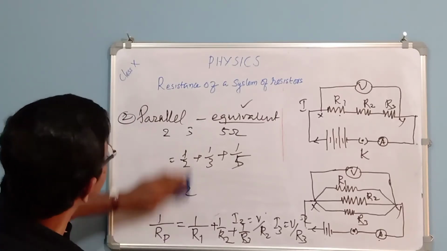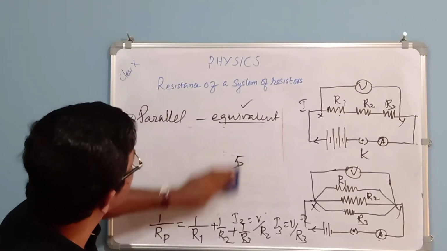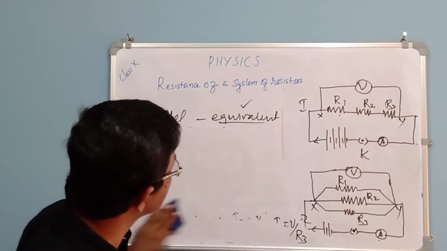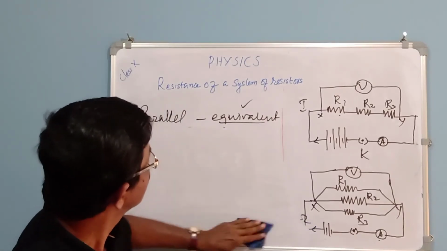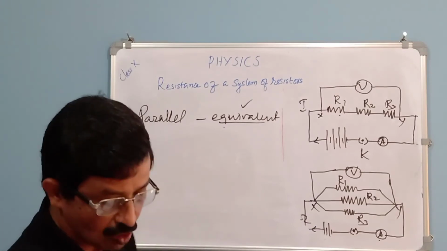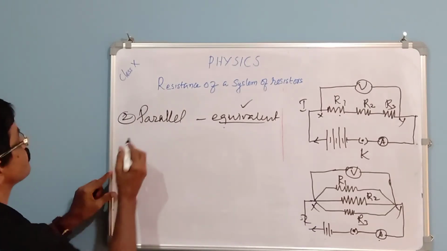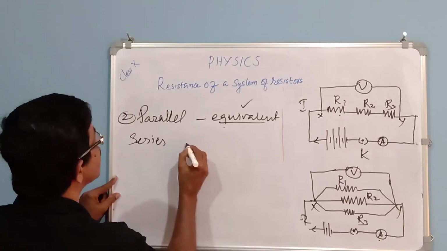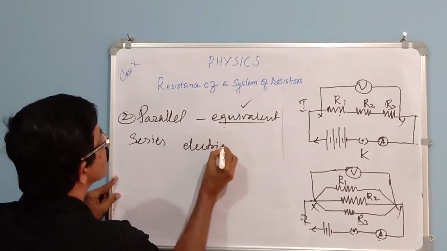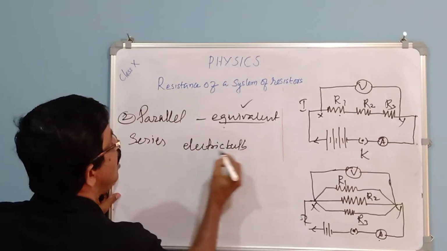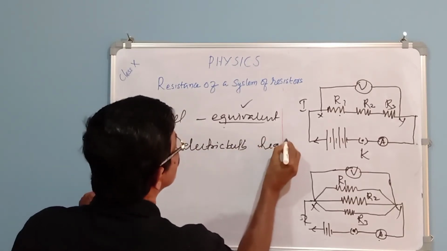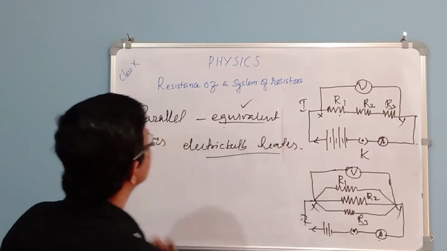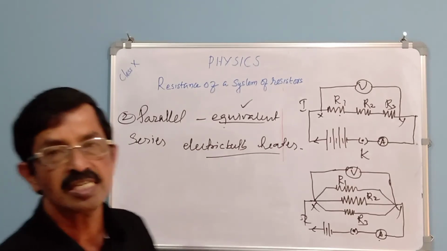Now, another thing you want to remember, we can connect appliances in the circuit in two different ways. One method is in series. Suppose an electric bulb and an electric heater are connected in series.